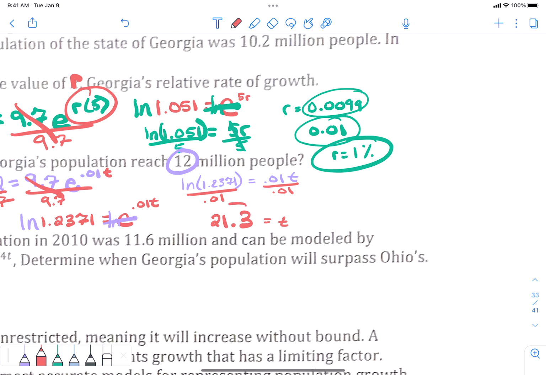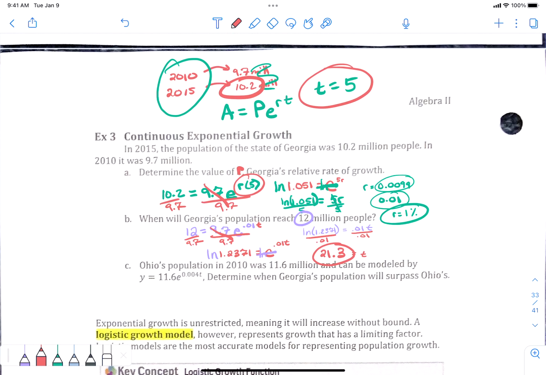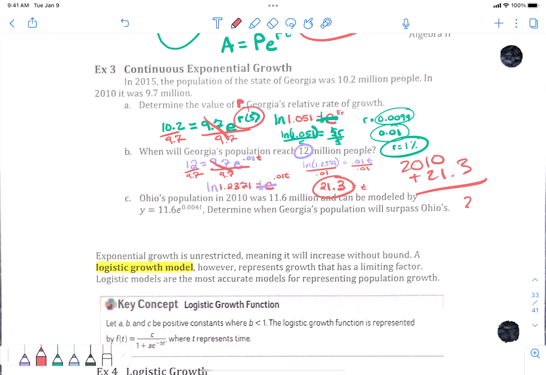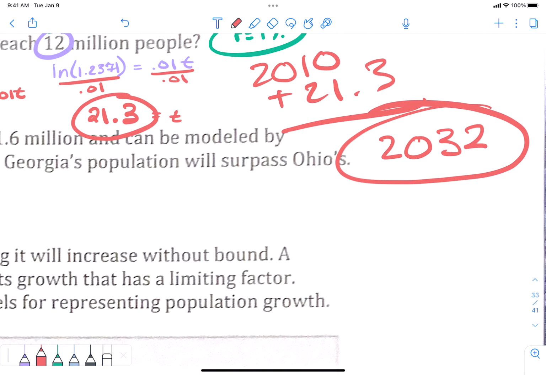21.3 years past when? 2010. So 2010 plus 21.3 years is about the year 2032-ish. That is when the population of Georgia will reach 12 million. Okay? 2032.